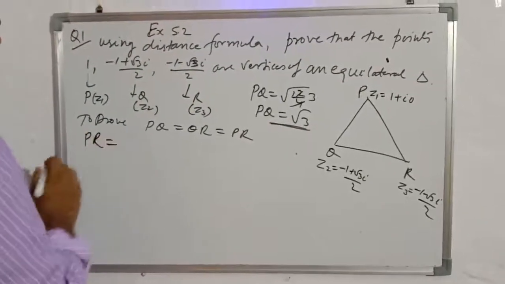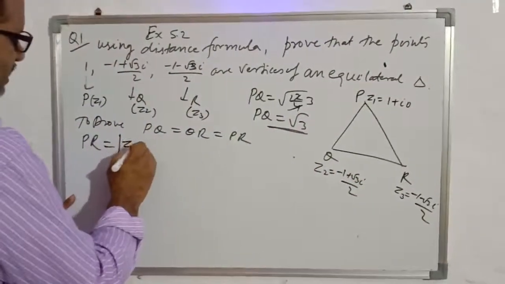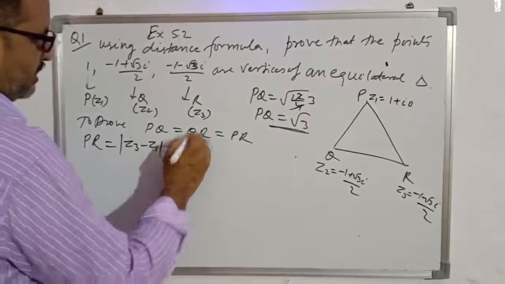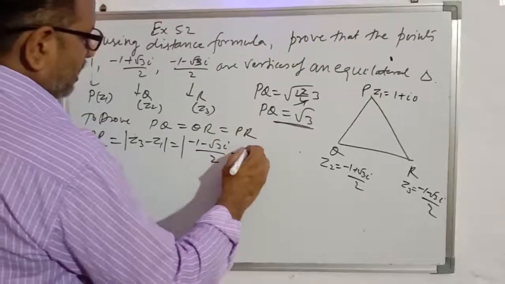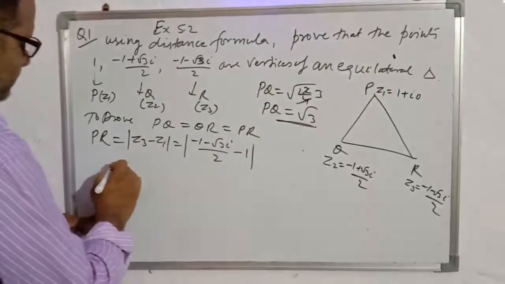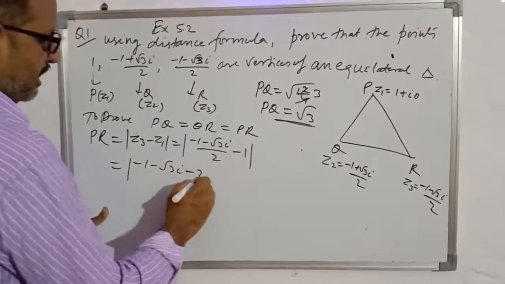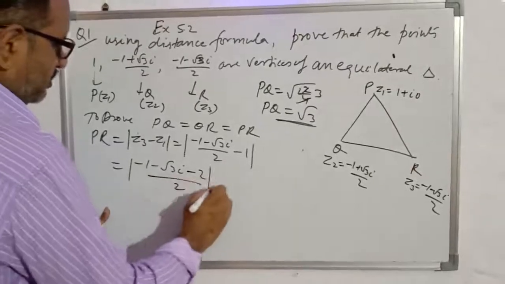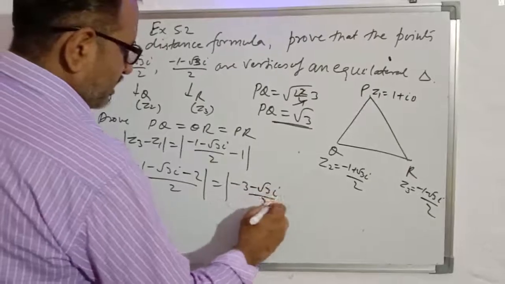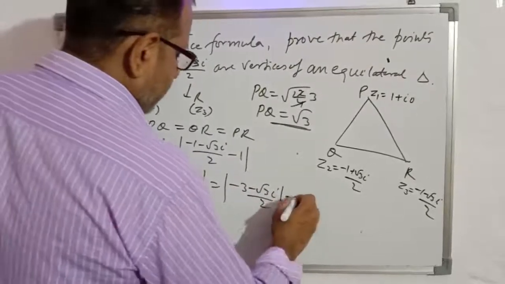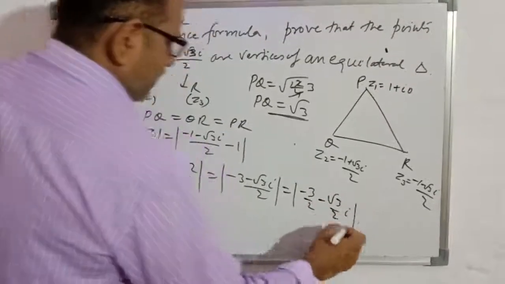Now find PR. P is Z1, R is Z3. So PR will be Z3 minus Z1. Z3 is minus 1 minus root 3i by 2, and Z1 is 1. Minus 1 minus root 3i, take LCM, minus 2 upon 2. Minus 2 minus 1, minus 3, minus root 3i upon 2. We can write it minus 3 by 2 minus root 3 by 2 i.